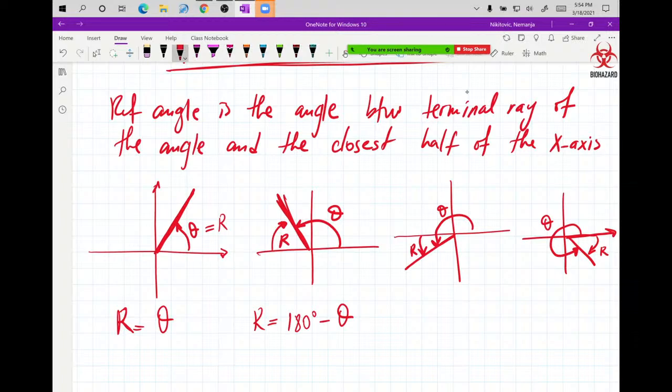For the third case, what is the reference angle R equal to?